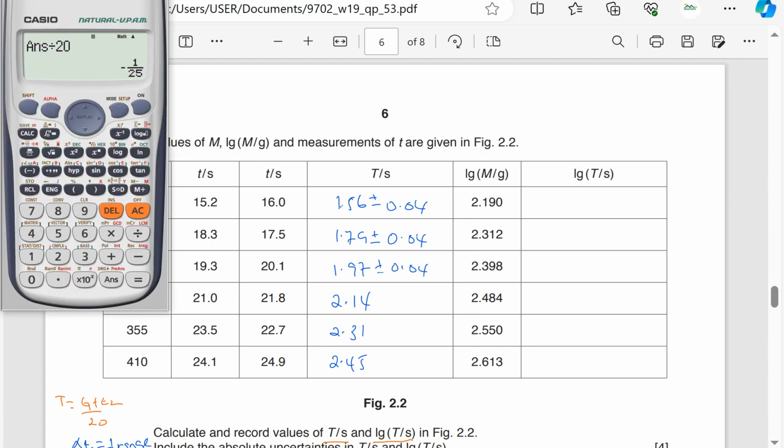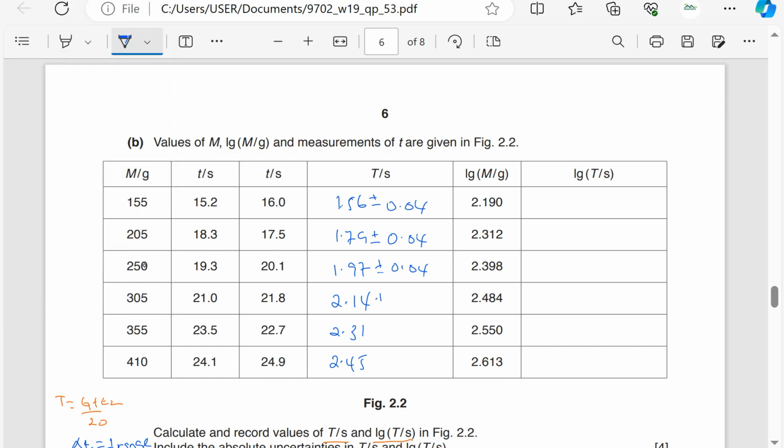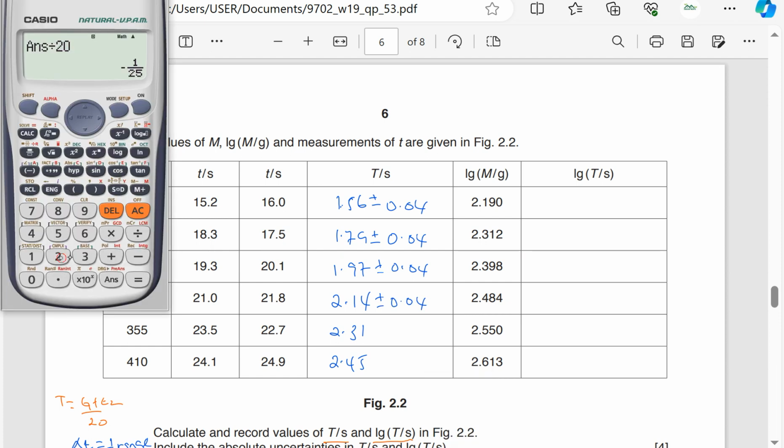Next is 21 minus 21.8. I'm just subtracting, I don't mind about the negative. Divided by 20. So it is also plus or minus 0.04. The next one is 23.5 minus 22.7 divided by 20.